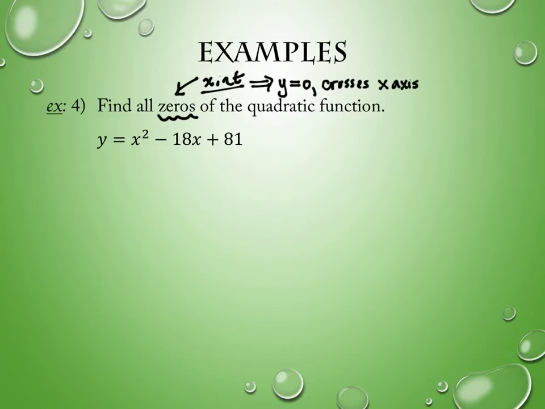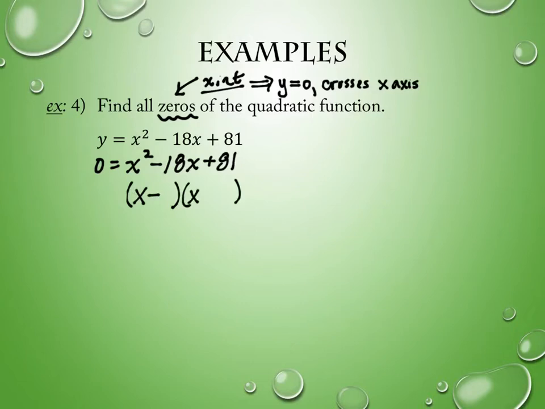Okay, so if the x-intercept means that y equals 0, then I can actually let y equal 0 in my equation. And from this standpoint, if I can factor, fabulous. If I need the quadratic formula, I can use that. Have lots of choices. I could even complete the square, although that's probably not the first one we usually think of. This one actually does factor.